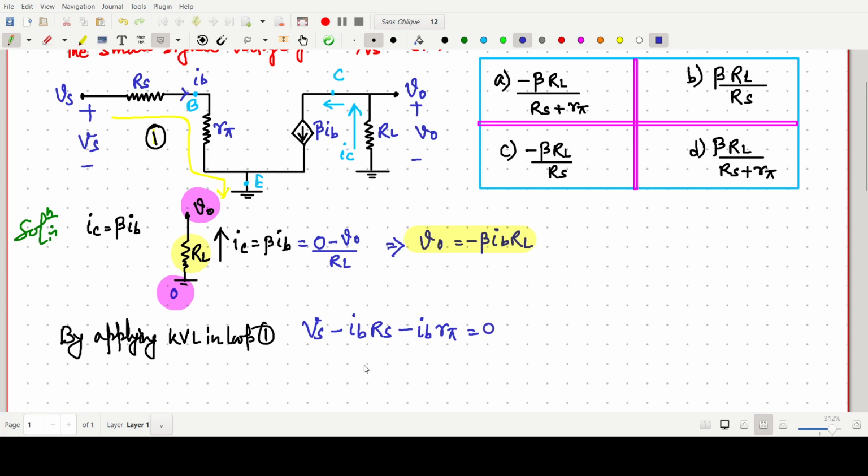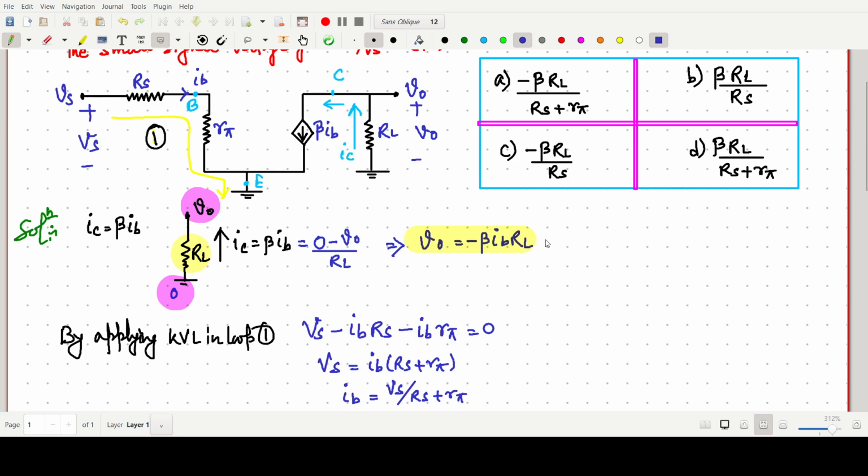Simple Kirchhoff's voltage law. So from here we can write Vs equals IB, taking IB common, times RS plus R pi. So one can write the IB value directly as Vs by RS plus R pi.